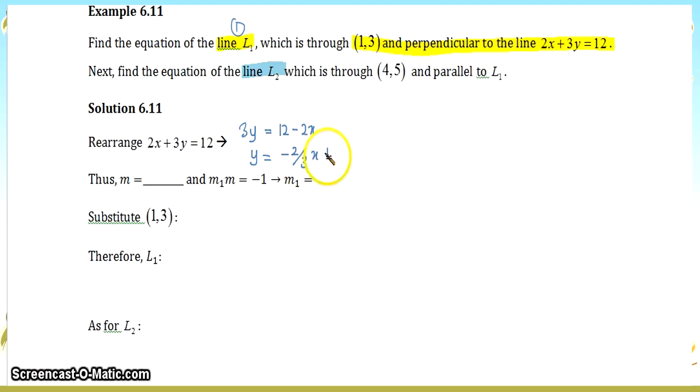-2/3 x + 4. From this equation, we know that the gradient of the given line is -2/3.